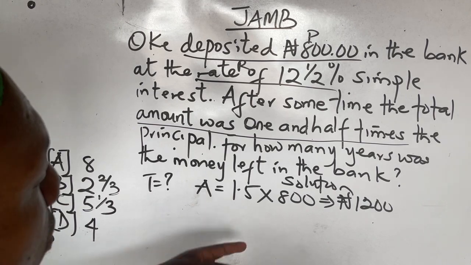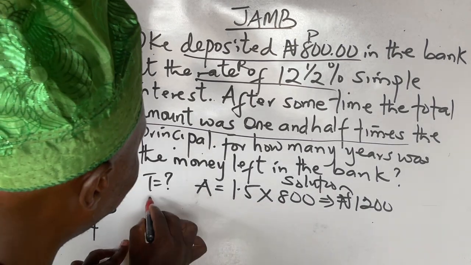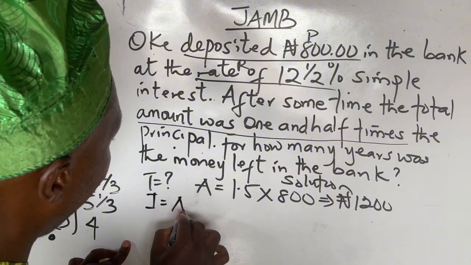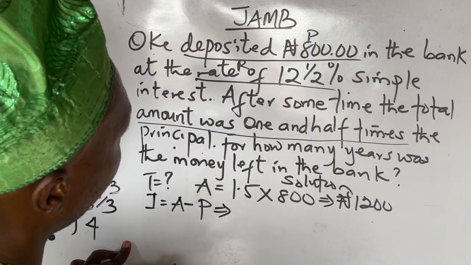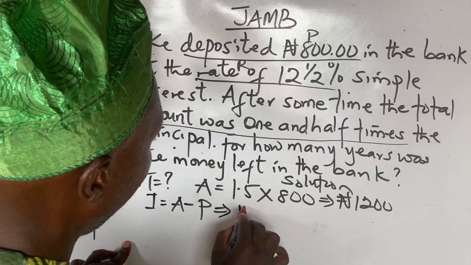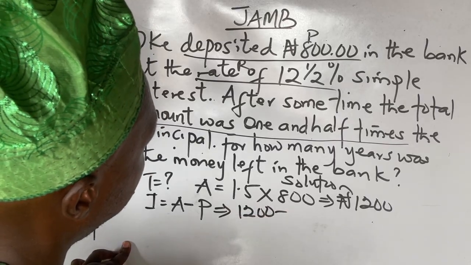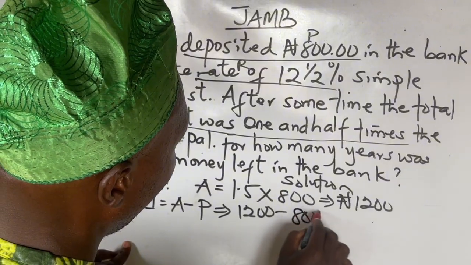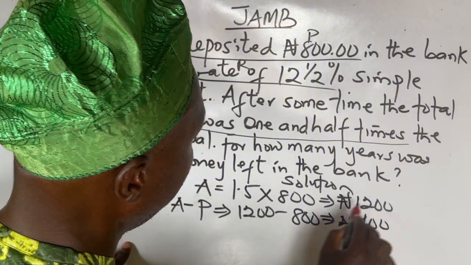So that's the amount. From the amount, we can get the interest. So our interest is amount minus principal. So amount is 1200, our principal is 800, so our interest is 400.